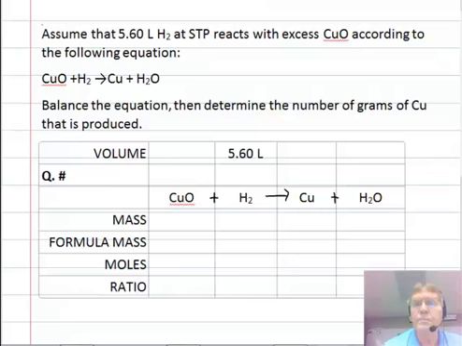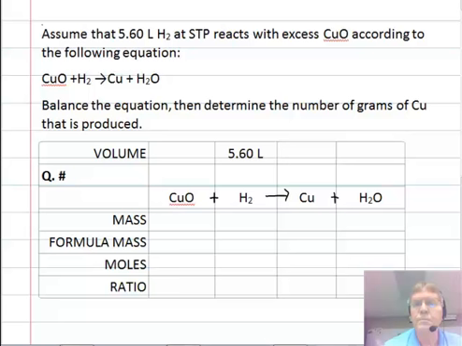Okay, so we look at this problem. It says assume that 5.60 liters of hydrogen at STP reacts with excess copper oxide according to the following equation. And you're given the equation there. It says balance the equation and then determine the number of grams of copper that is produced.